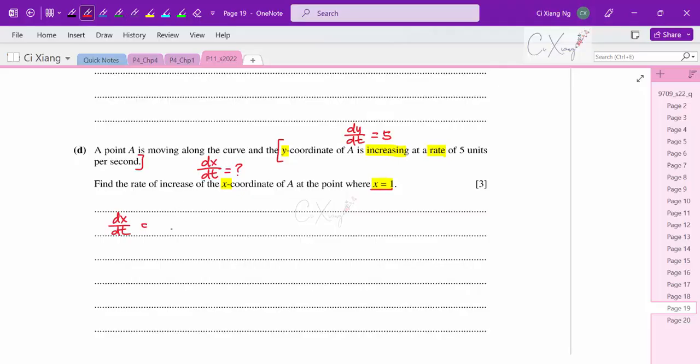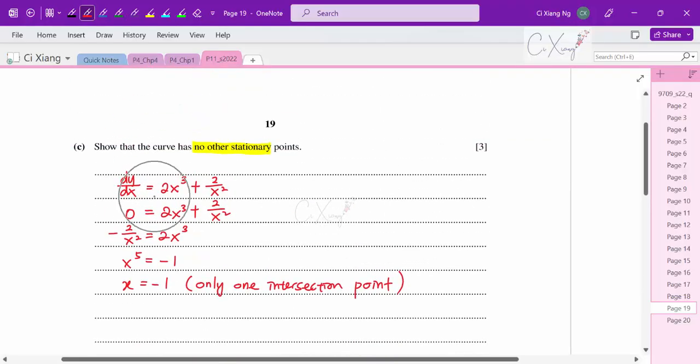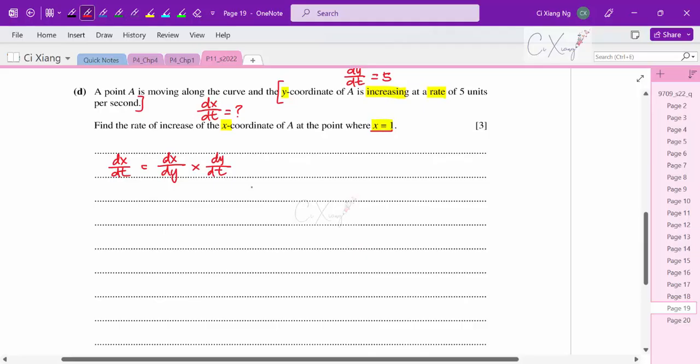So dx dt can be written as dx over dy multiplied by dy over dt. How do I know that my chain rule should be like this? It is because dy over dt is given in the question. Dx over dy, we can get from our dy dx just now.